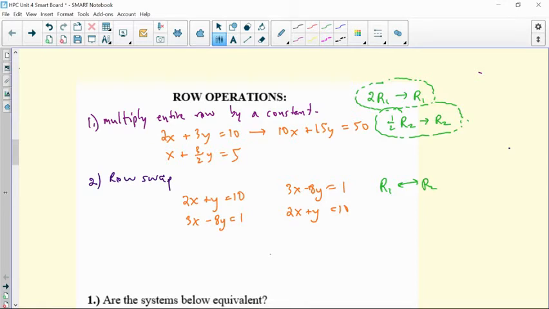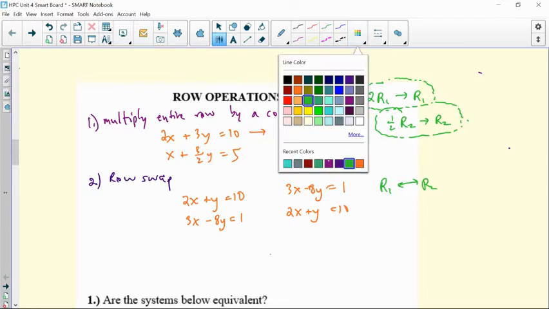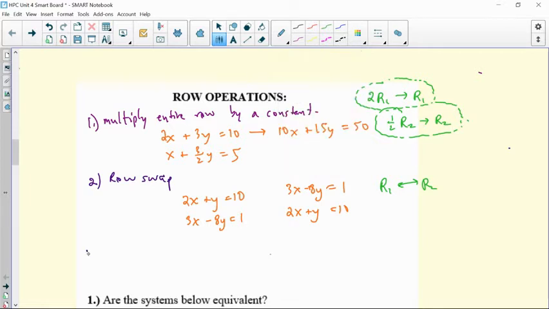And then the last row operation is what I like to call a linear combination. You might take these two rows and multiply the top one by 8 and then add it to the other one, because if this were an 8y, 8y plus a negative 8y would be 0.